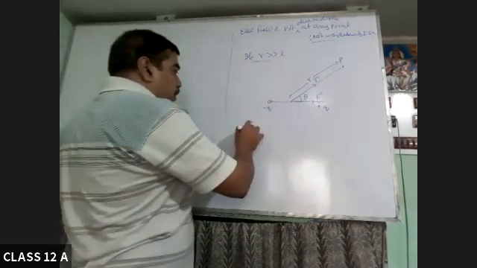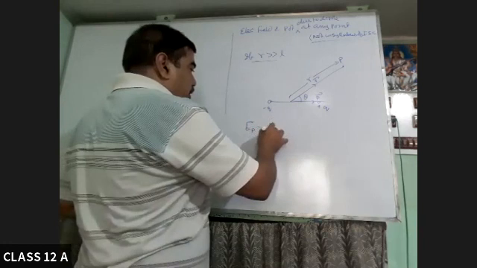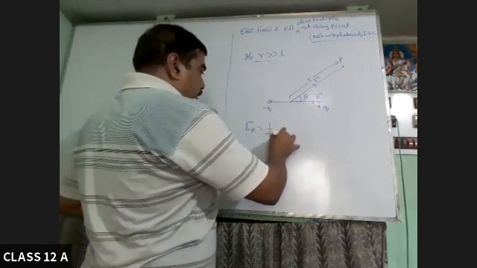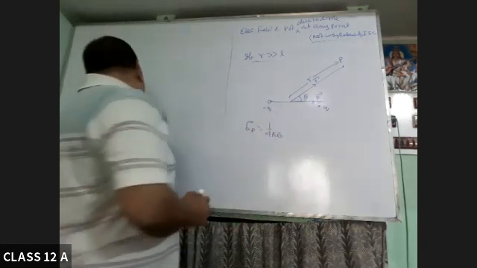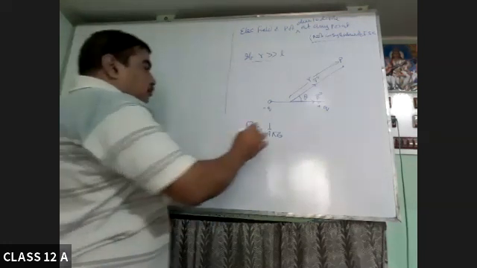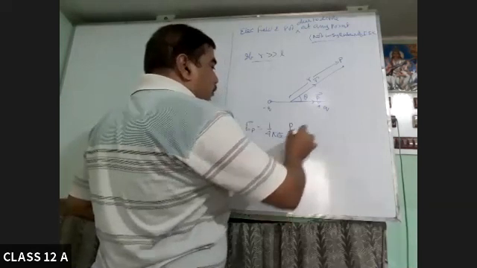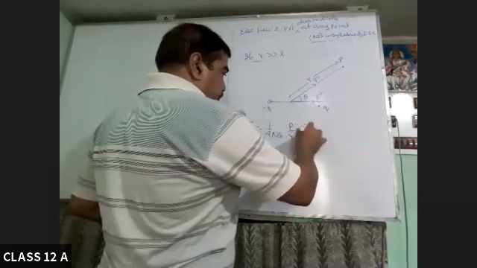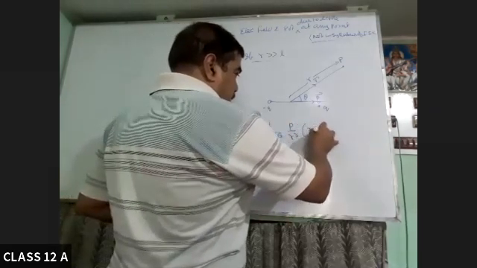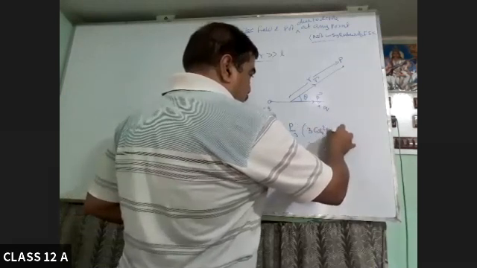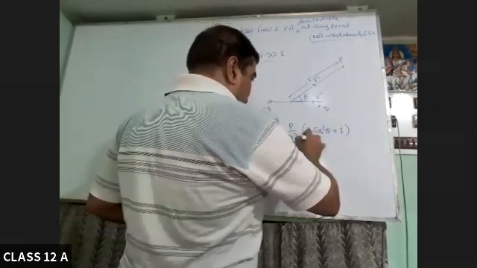The electric field intensity at P will be 1 by 4 pi epsilon naught P over R cube, times the square root of 3 cos squared theta plus 1.